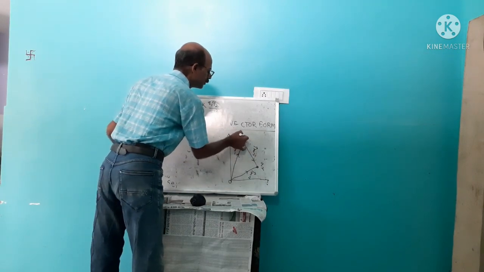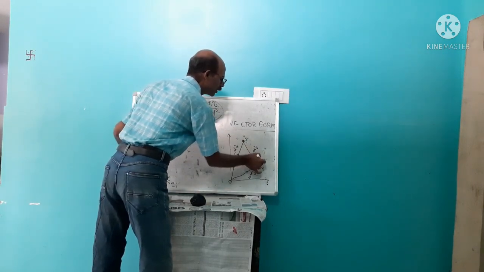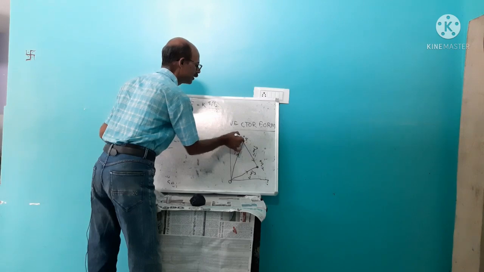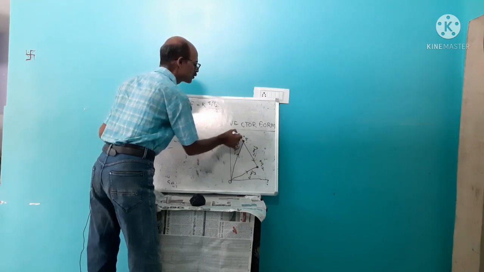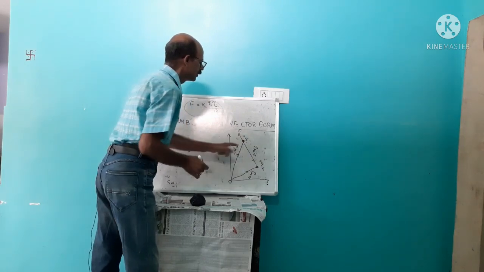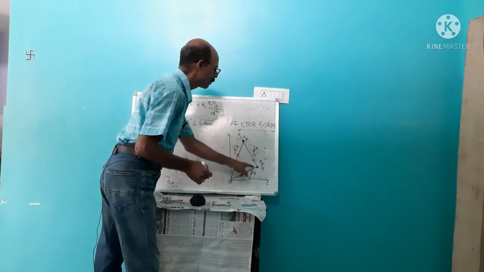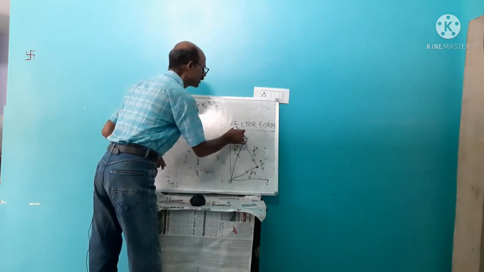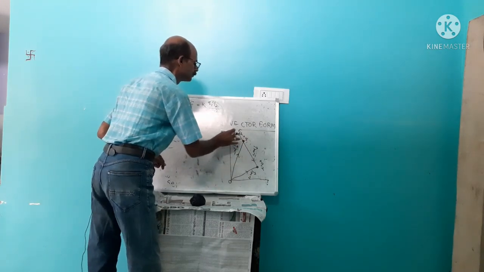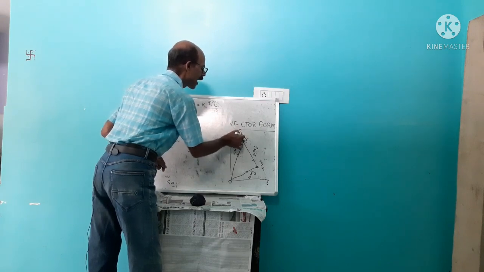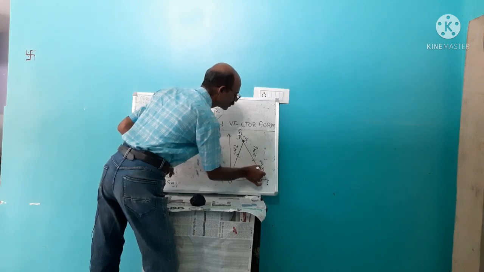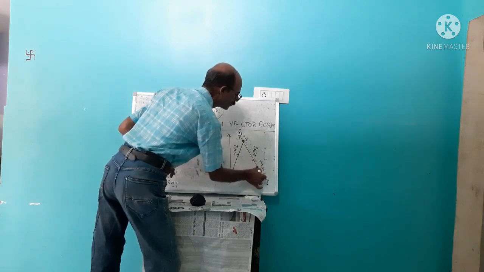And suppose both are positive, then the force on one applied by 2 can be written as F12. This is written as F12 and this is written as F21.